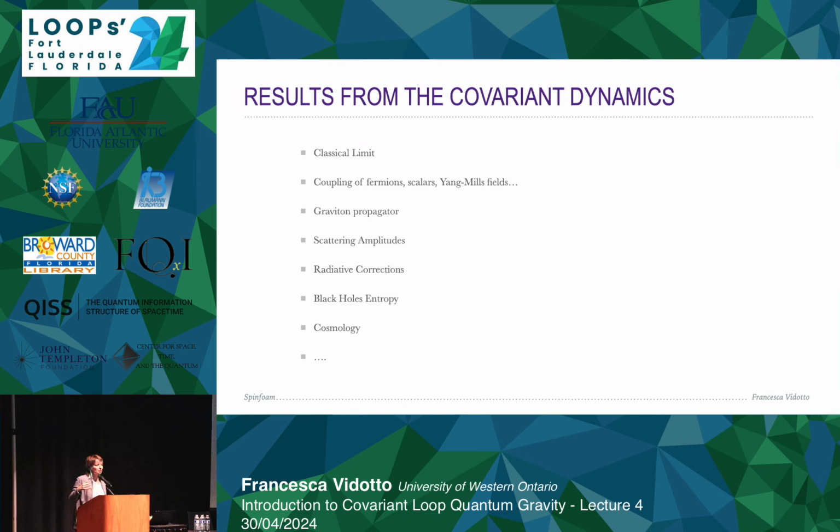It means that you fix your space-time, and for instance, you take a spin network that represents just Minkowski space, flat space, and then you look for excitations on this space.